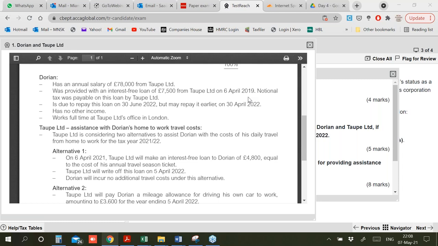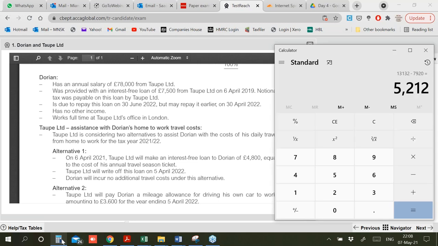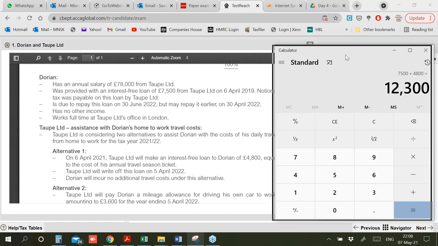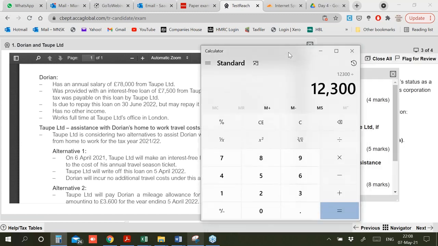Okay, so what will happen is, obviously, he will get this 4,800 on top of that 7,500. 7,500 plus 4,800 will be 12,300. 12,300 divided by 2.